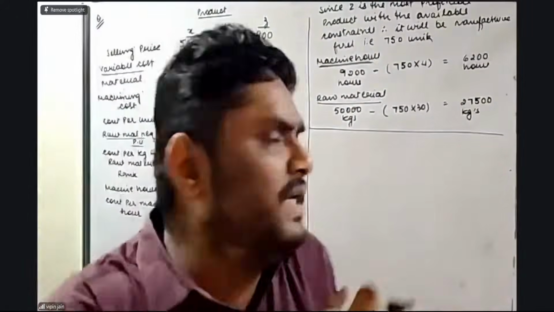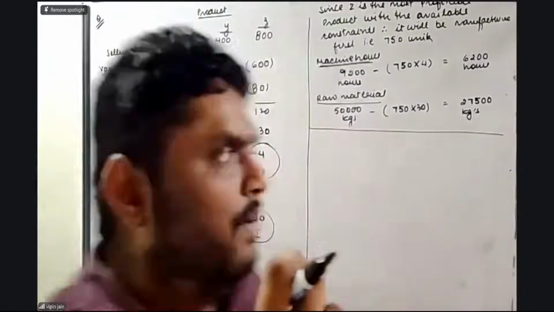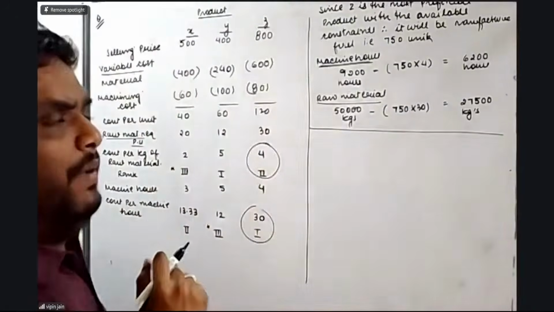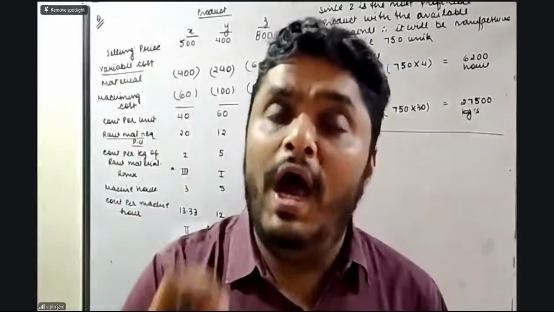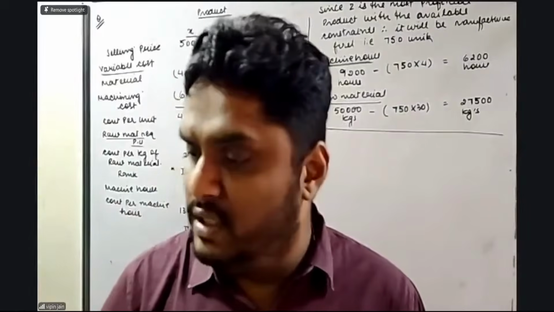Now this 6,200 hours and 27,500 kgs will be used for manufacturing product X or product Y. But we don't know how many units we will manufacture of product X and Y. That is the question.